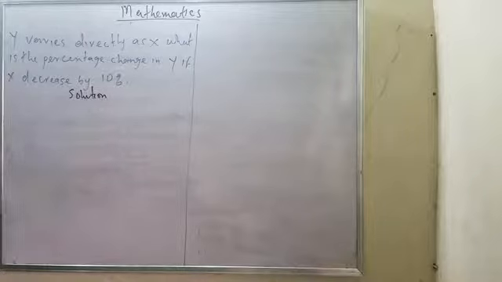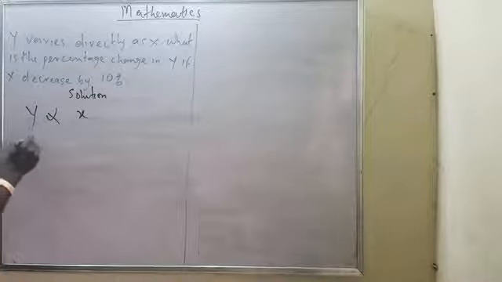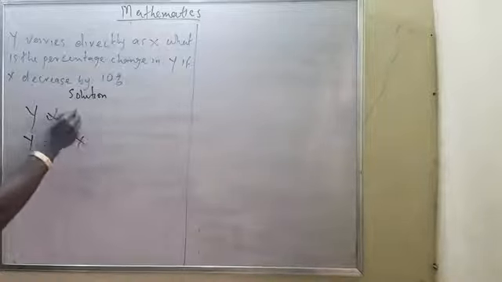Solution to this problem. Now Y varies directly as X. It means, by implication, Y equals to k of X. This is capital letter, sorry about that.